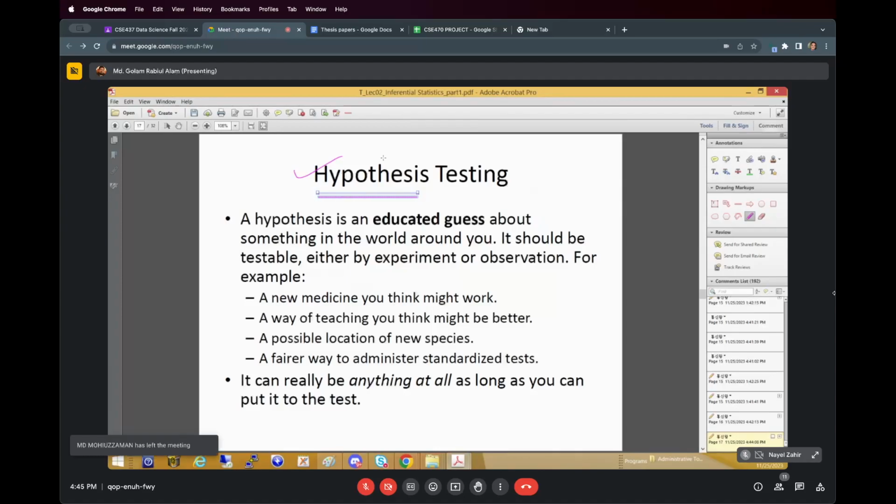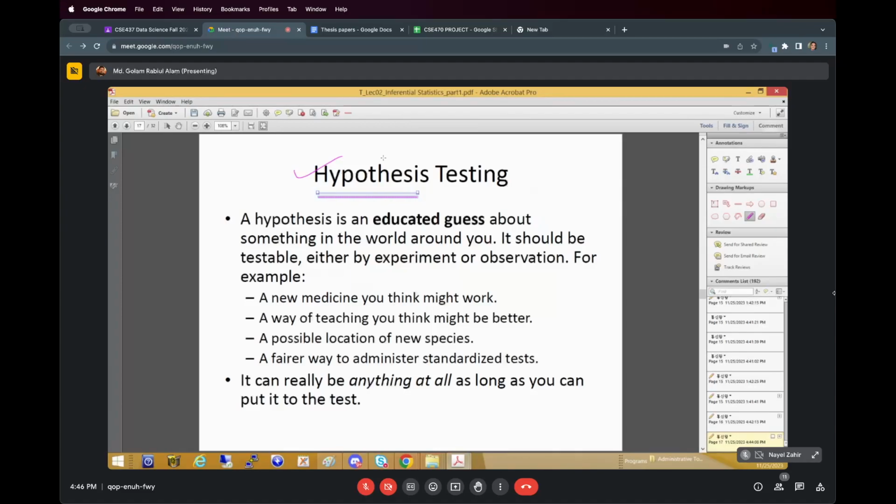But still, it will not be acceptable for the community that this new medicine will work fine. So you have to prepare and test a standard number of samples, and then based on the outcomes of the test, your claim will be accepted or maybe rejected, based on some statistical inference method. It's a statistical testing method.